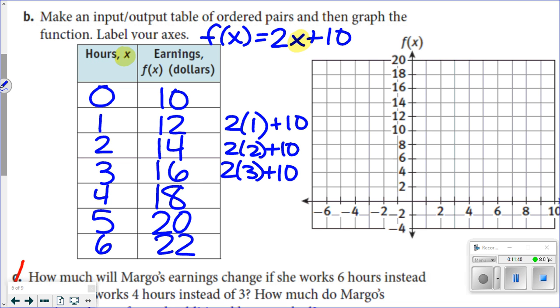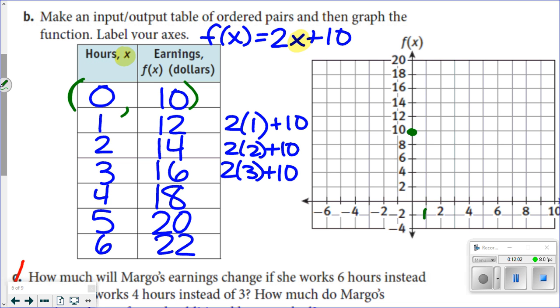Let's go ahead and graph this. My starting point is 0, 10. That's my y-intercept. So think about this as an ordered pair: 0, 10 is right here. Now, on my x-axis, they don't label every number.